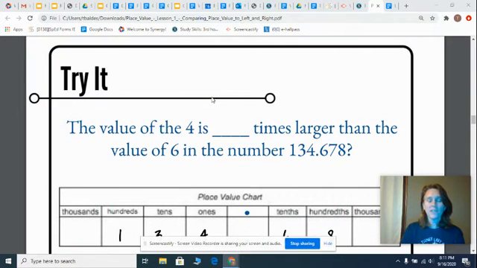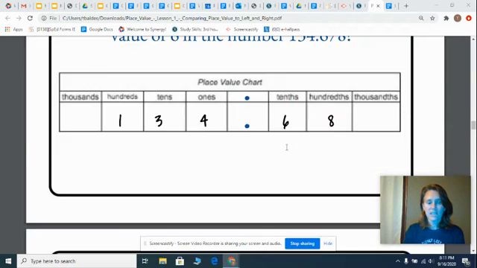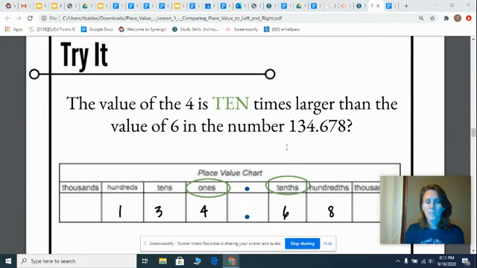The value of the 4 is how many times larger than the value of the 6 in the number 134.678? The 4 is one place to the left of the 6. That makes the 4 10 times larger than the 6 in the number 134.68.